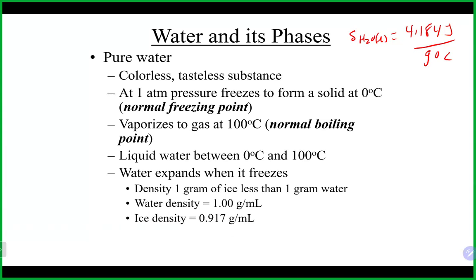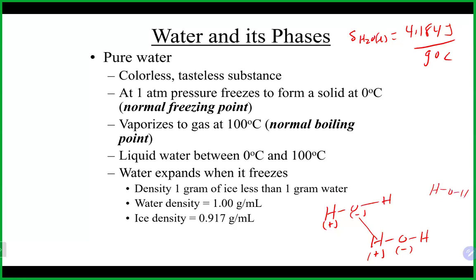the density of ice is 0.917 grams per milliliter. And water is an unusual substance, as very few substances in their solid state are actually less dense than in their liquid state. Again, what happens is as water molecules come together in their solid state and lose energy, because water is polar, they hydrogen bond with each other, which is how they interact with one another.